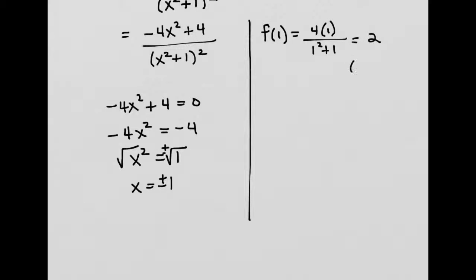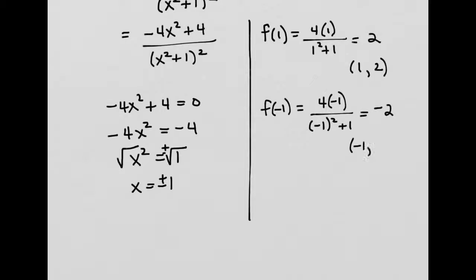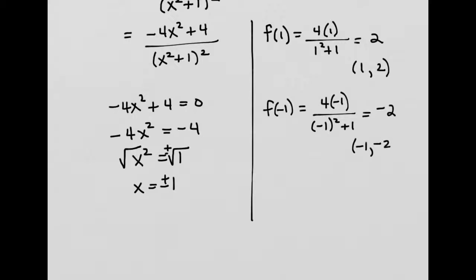So that gives us the point 1 comma 2. And then f of negative 1 is 4 times negative 1 over negative 1 squared plus 1, and that gives me negative 4 over 2, so that's a negative 2. So that's the point negative 1 comma negative 2.